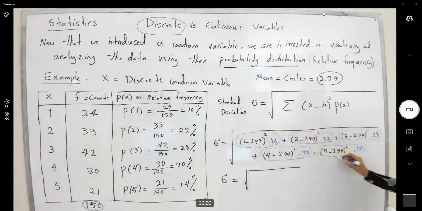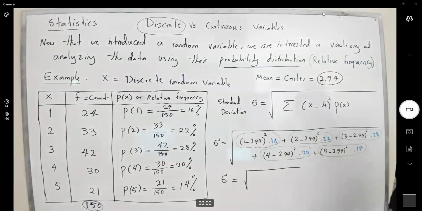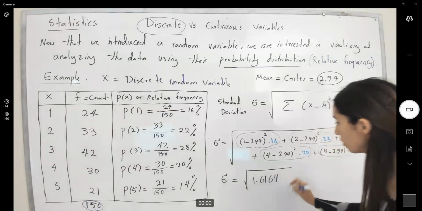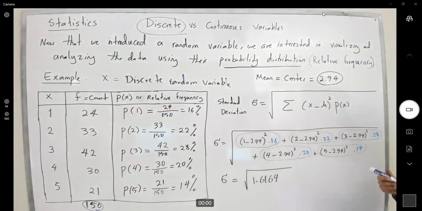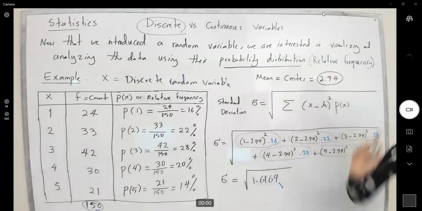If you do that, the variance, the number inside the radical, becomes, let's see, let's have the exact value, 1.6164. As you remember, this number is your sigma squared, or this is your variance, which has the unit squared.